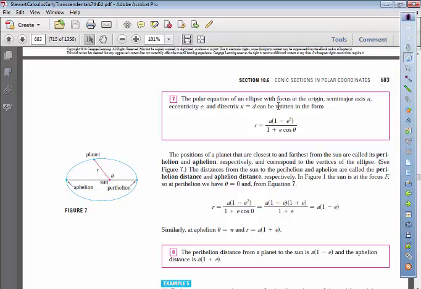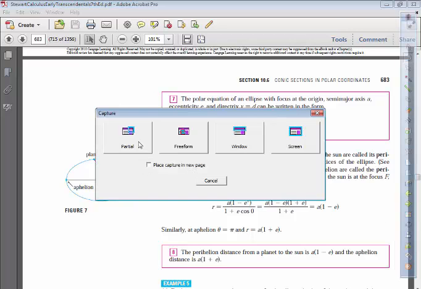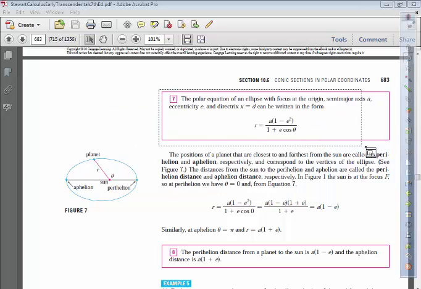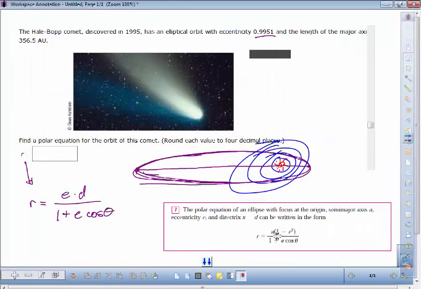So polar equation with an ellipse with a focus at the origin and semi-major axis A, eccentricity E, and then the directrix D. So what happens here is that they use some of those equations that we have to find the equation of the directrix. And basically the original equations that we had with x squared over a squared plus y squared over b squared is equal to 1, something like that.